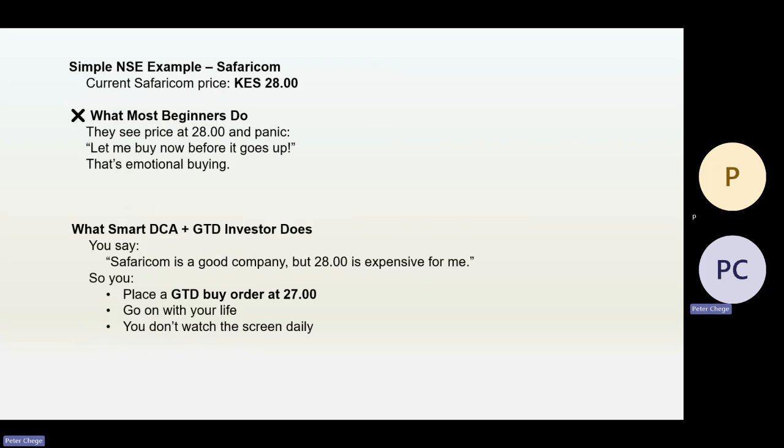So a good example: currently Safaricom is around 28. It keeps on fluctuating between 27 and 29. And currently, the government must cap that price below 30 to make the deal where they are selling part of their shareholding. Remember, Safaricom is owned 25% by the people who trade at NSE.